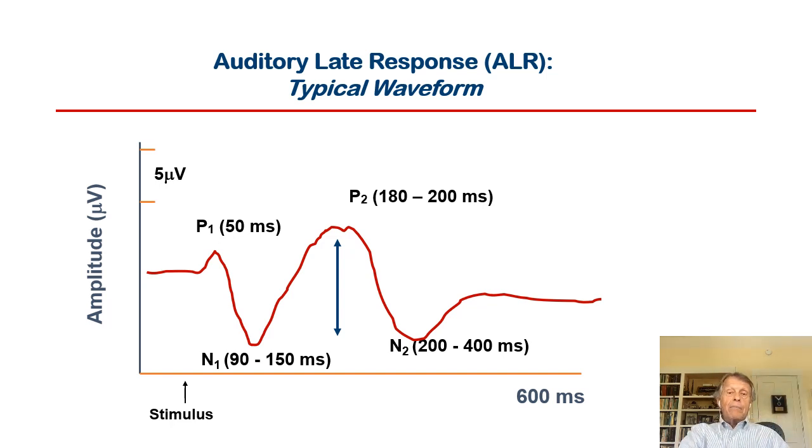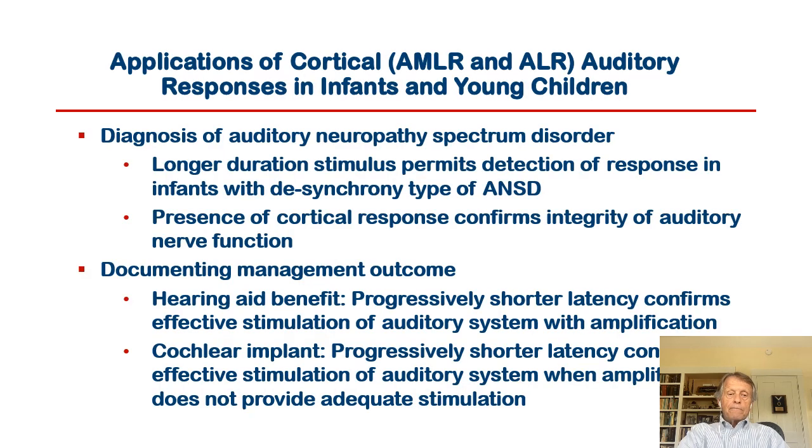They can be up to 10 microvolts in size. Now, this is typically not going to be recorded looking like this in an infant or a young child. So when you see cortical evoked responses being described in infants, it's typically the middle latency response, but it's occurring later out in the range where you typically see a late response.